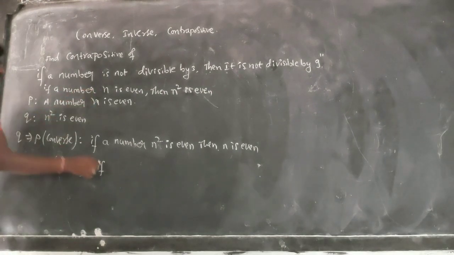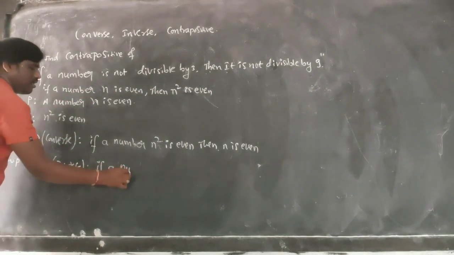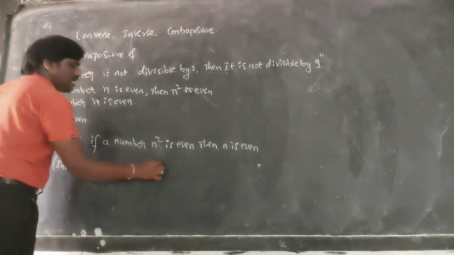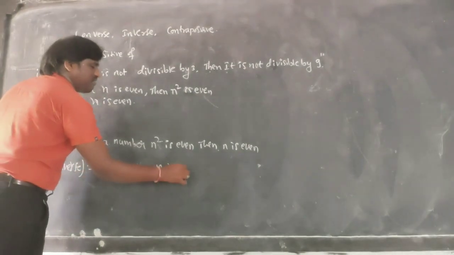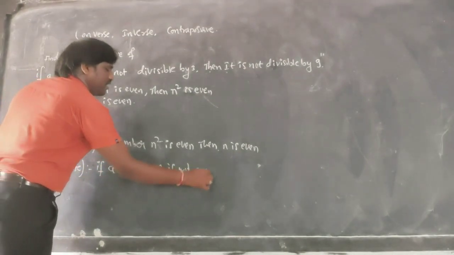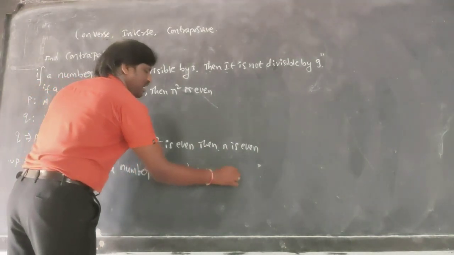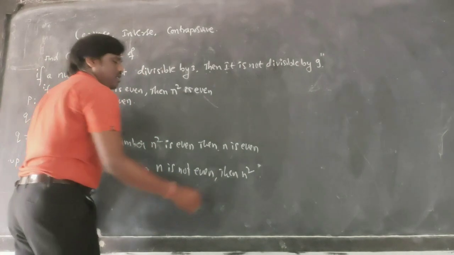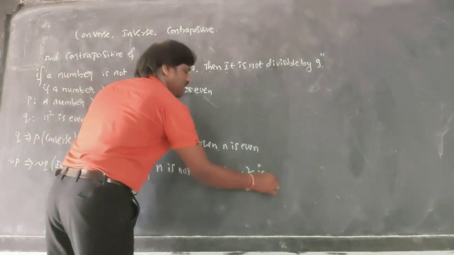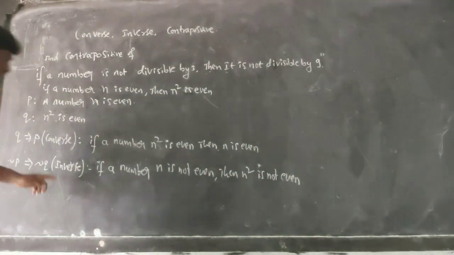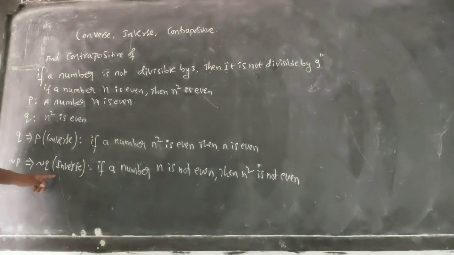If a number n is not even, then n square is not even. This is what we call the inverse of the conditional statement.